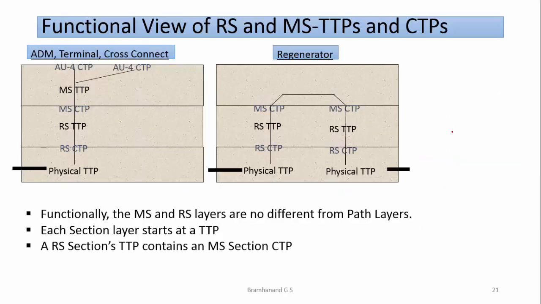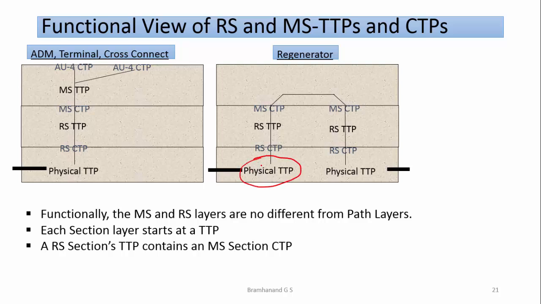This is one of the functional views of what happens in the regenerator section and multiplex section. The multiplex section and regenerator section layers are in no way different from path layers; all these functionalities are almost the same. We know that data can flow only in a trail, so it should start with a trail termination point.